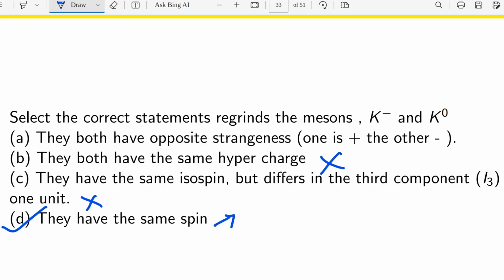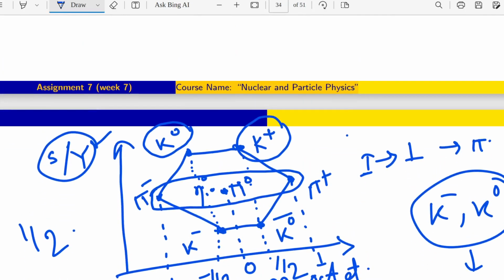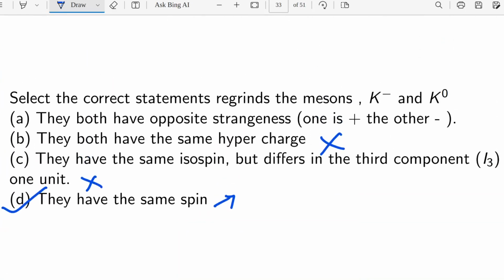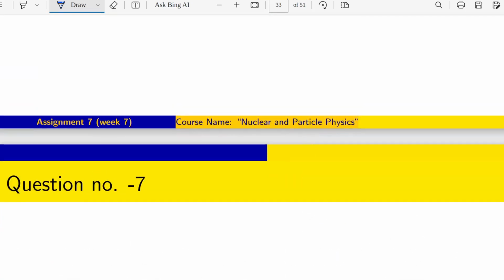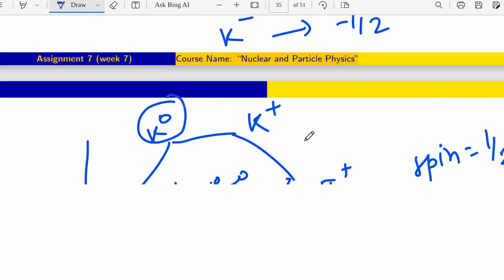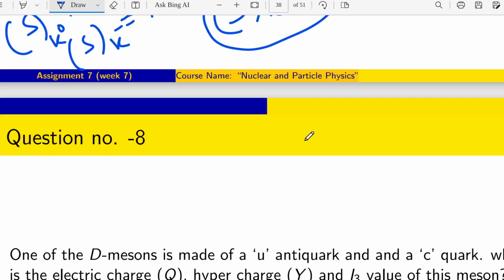Okay. So how many statements are correct here? A will be the correct one, and D will be the correct one. B and C are not correct. Okay, I think it's understandable. Then we are going to the next question.